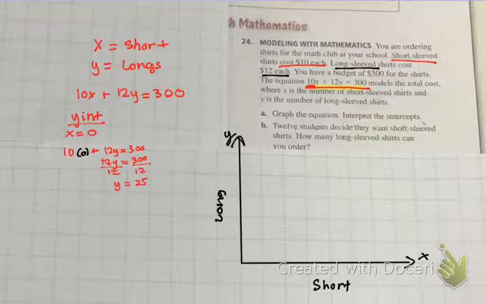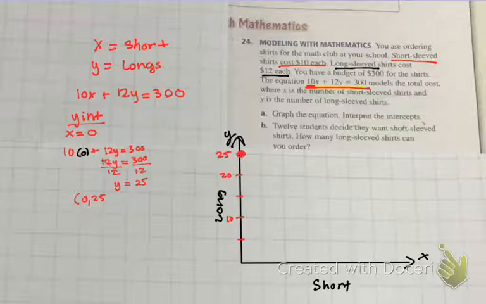Now, what is that ordered pair? 0, 25. I'm going to plot that point. 0 across. Let's go 5, 10, 15, 20, 25. Okay, so that's 25.